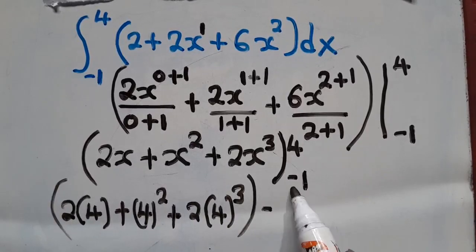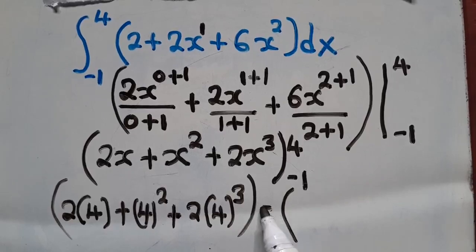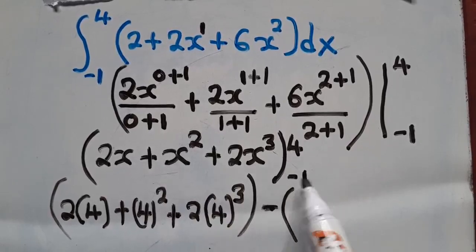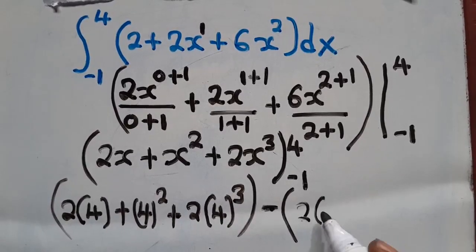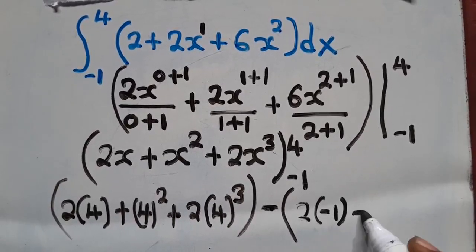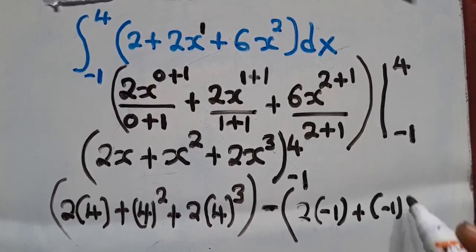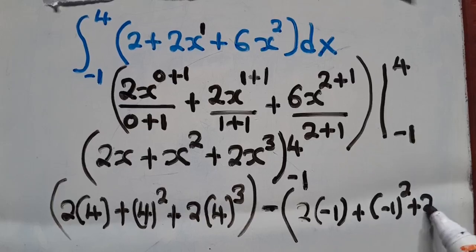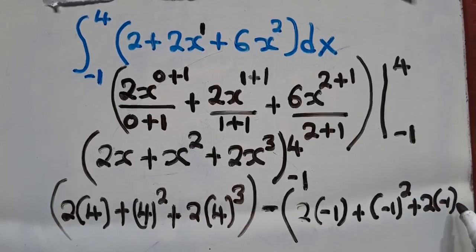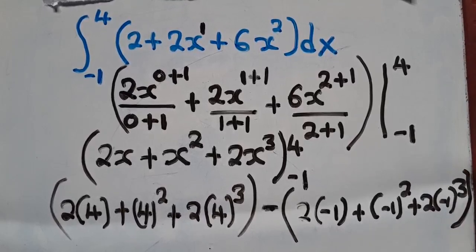Then minus, which is part of the formula, I put -1 where there is x. So I say 2(-1) plus (-1) squared plus 2(-1) power 3. This is what I'm going to do.